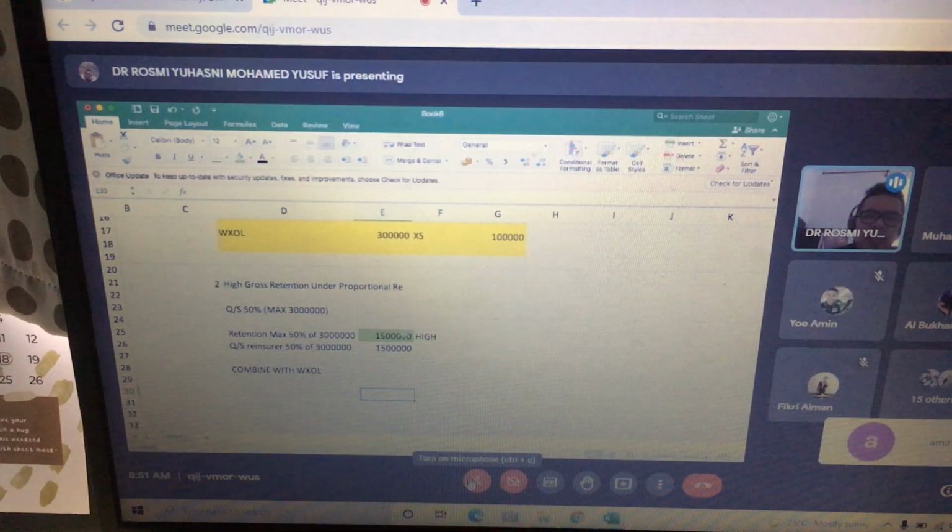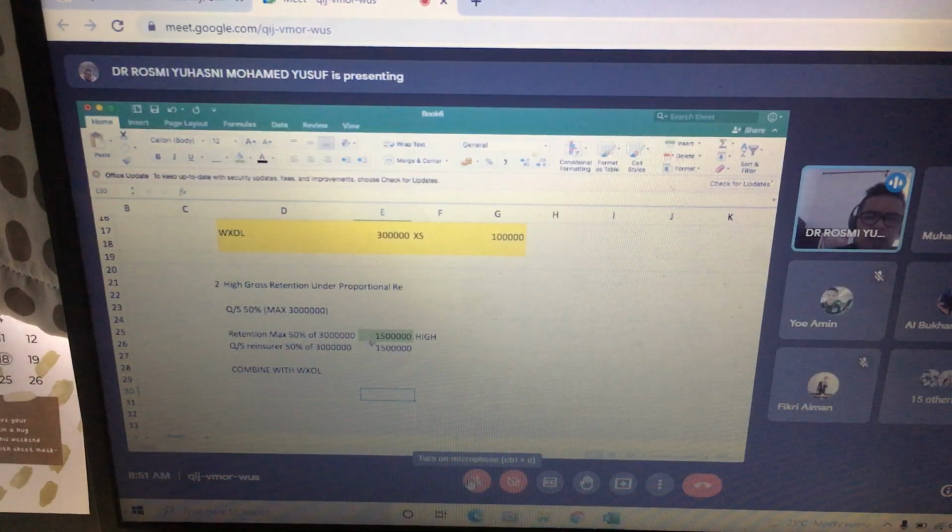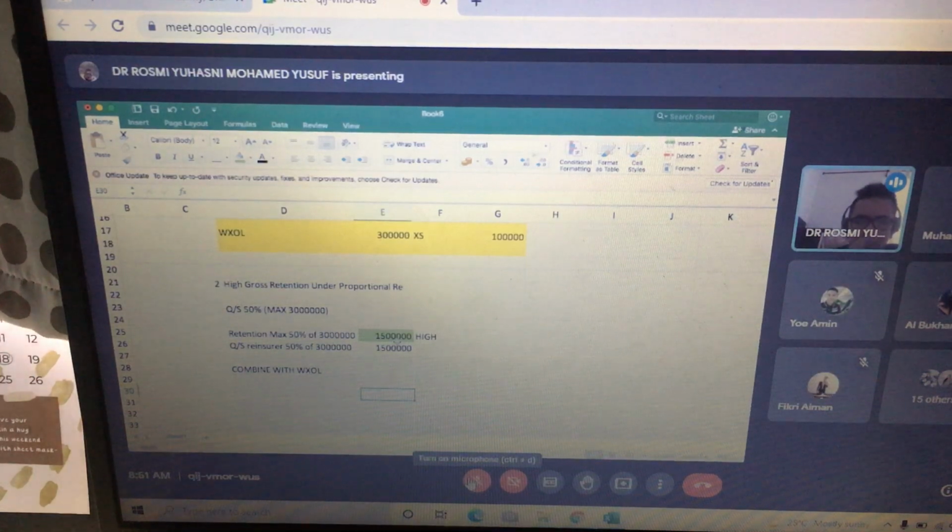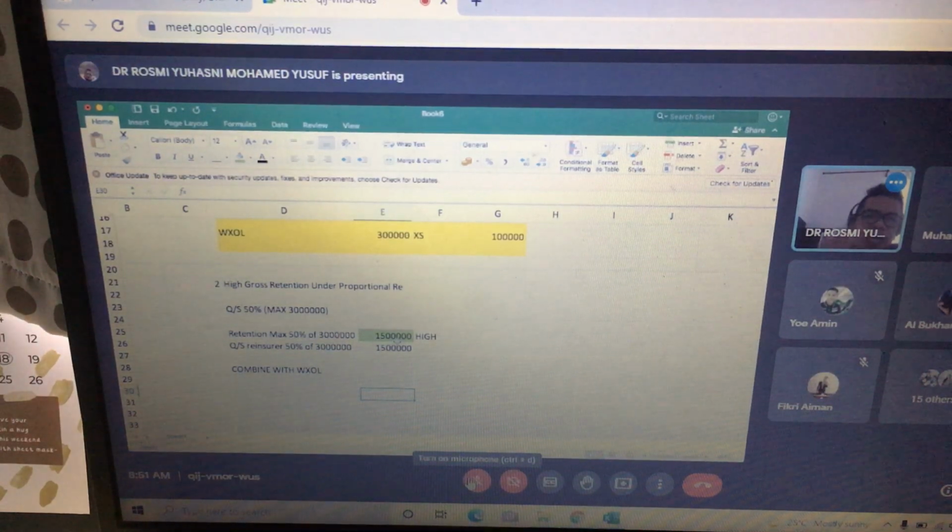So what will they do with this 1.5 million under working excess? Insurer will try to reduce the 1.5 million. Now they retain for each and every risk up to 1.5 million. So they can further reduce this 1.5 million. Dia akan kurangkan lagi by using working excess of loss.